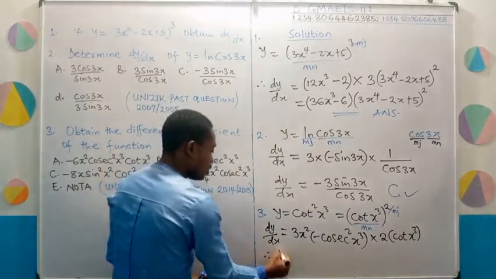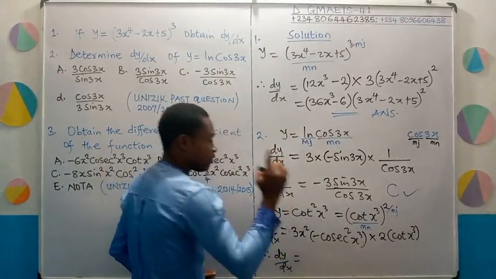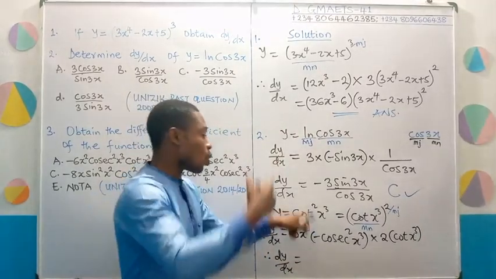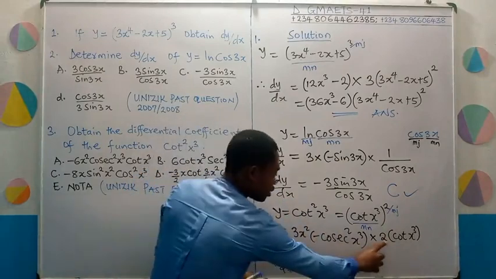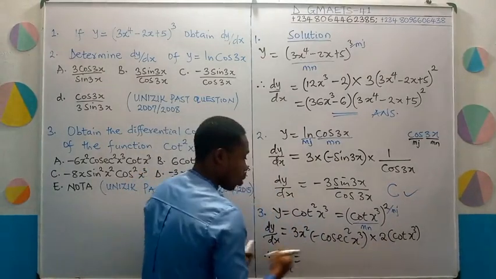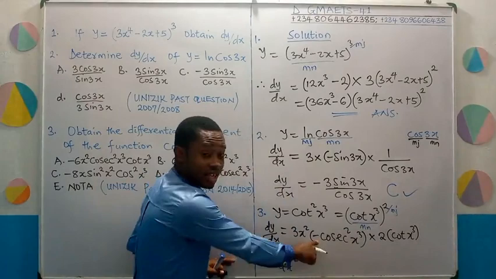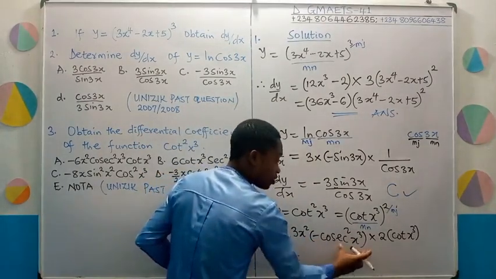Therefore, the result, dy dx of this function, cot squared x cubed, is equal to, let's multiply this out. Take note that these 2 will multiply this 3x squared to give us 6. And you have negative here because this is going to multiply this function.